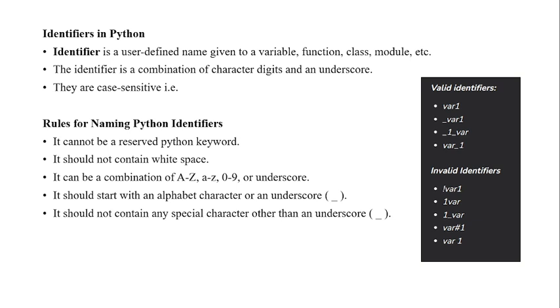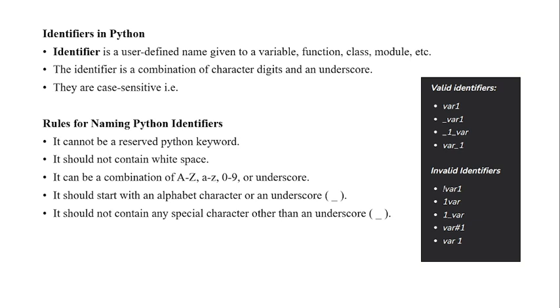Okay, the rules for creating a name in a Python identifier. Here are some rules. It can't be a reserved Python keyword, so we don't use keywords as identifiers. It should not contain white spaces. It can be a combination of a to z, capital A to Z, digits, and underscore.